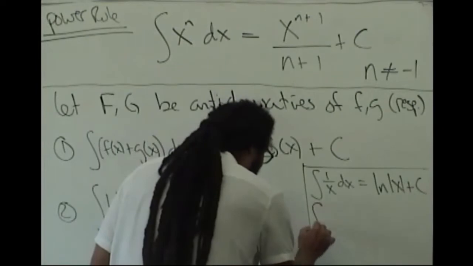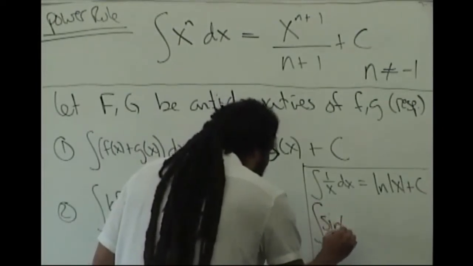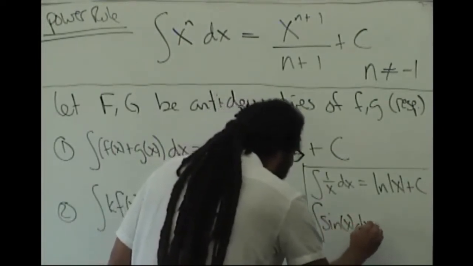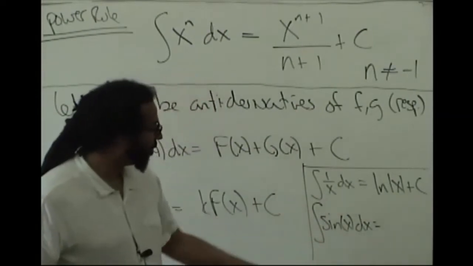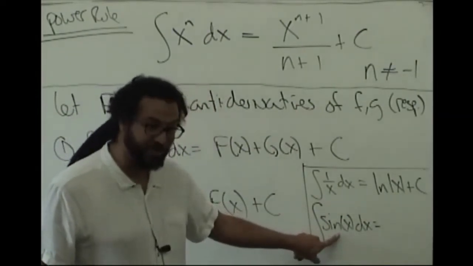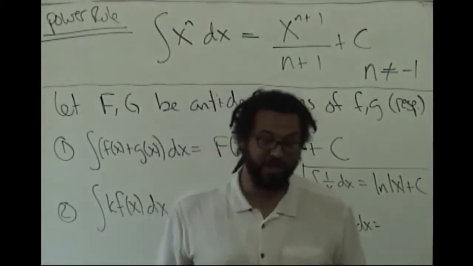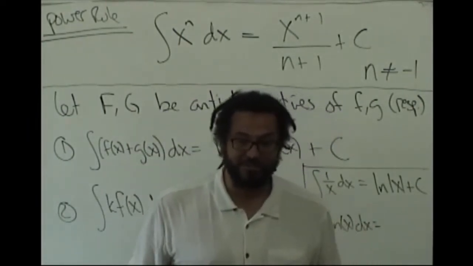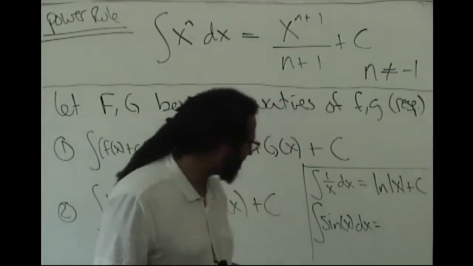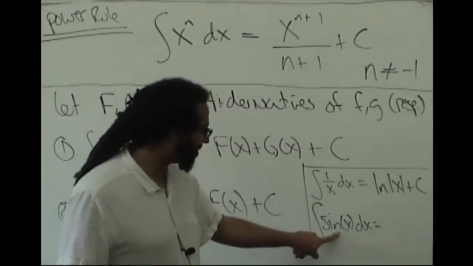What about this thing? What's the integral of sine of x dx, or the antiderivative? I need to think of a function whose derivative is sine. Cosine is pretty close. If I take the derivative of cosine, I get negative sine, but we want to get positive sine.